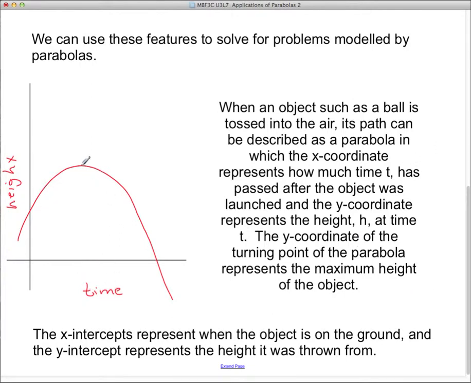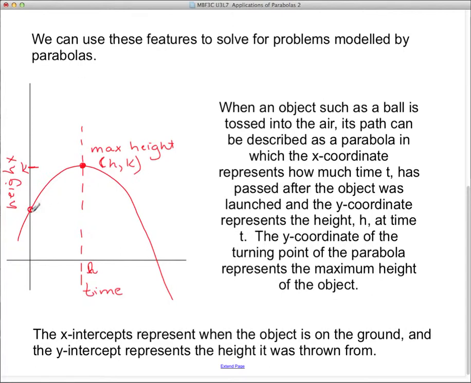And here, which is the vertex point, represents the maximum height, the max height, and that occurs at a certain time down here. So we're going to call this time H, and we're going to call this maximum K. And so this vertex point is actually (h, k), which is what we're used to in the standard form of the parabola.